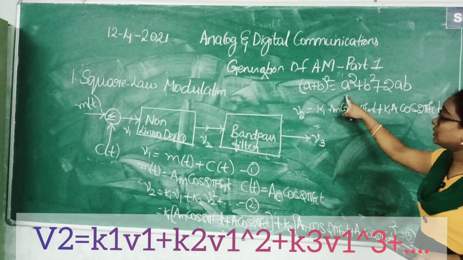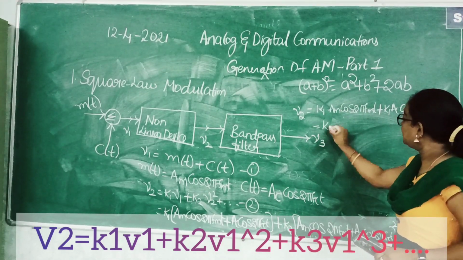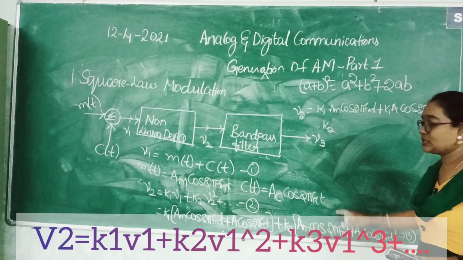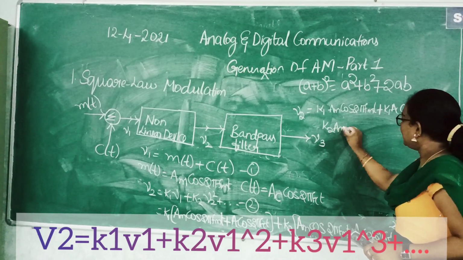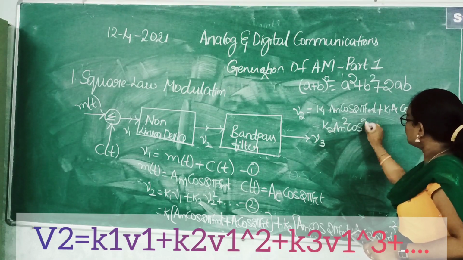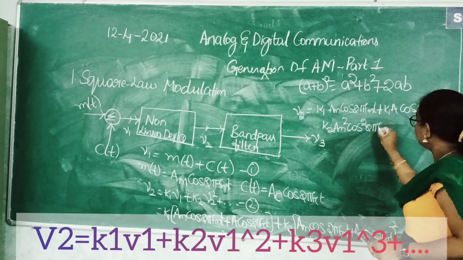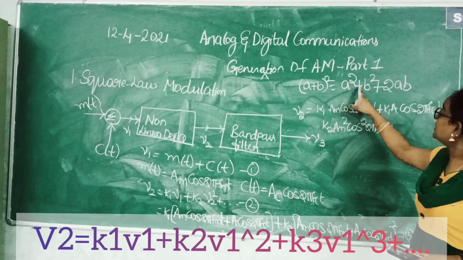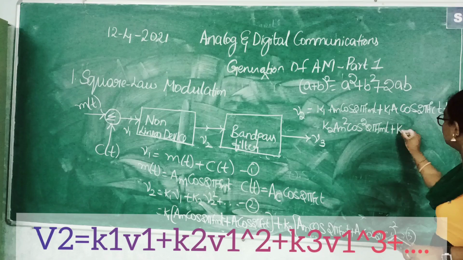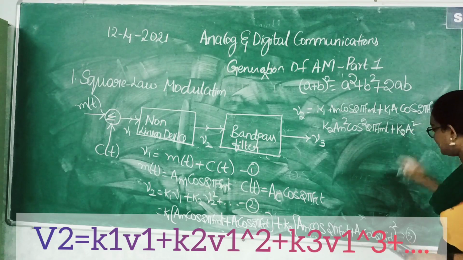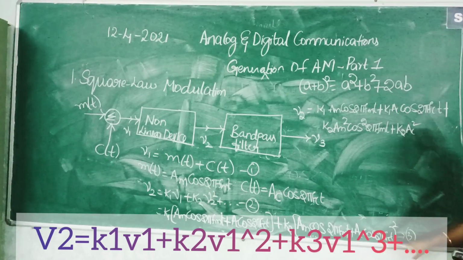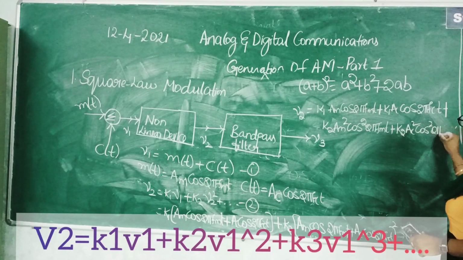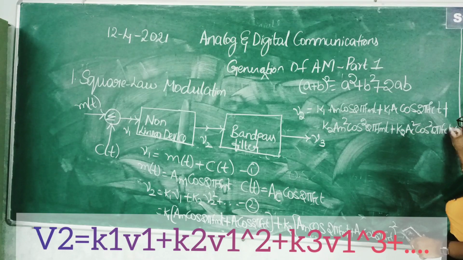The next term is K2 A square, that is K2 Am square cos square 2 pi fmt, plus the next one is B square, that is K2 AC square cos square 2 pi fct.